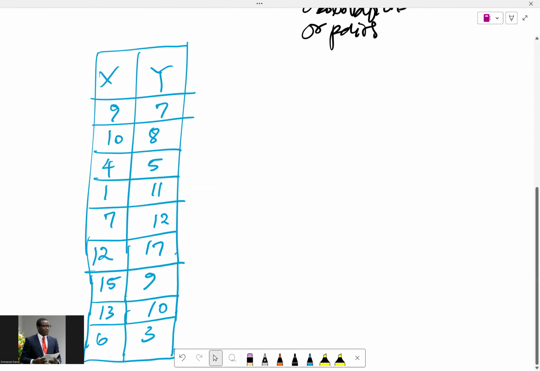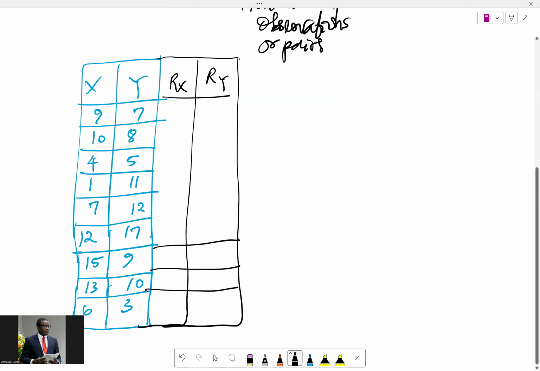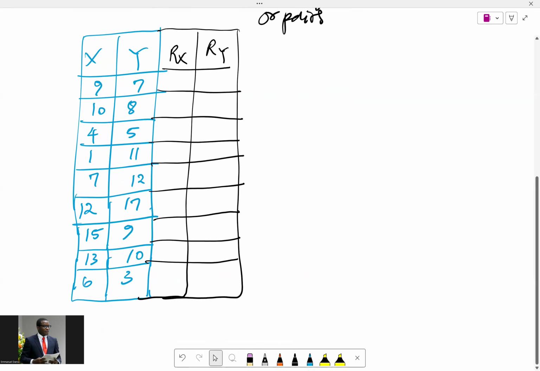The next thing we have to do is to rank them. So we can say this is the rank of X, then we have the rank of Y. When it comes to ranking, we have to look at the position each one occupies, starting from the list.